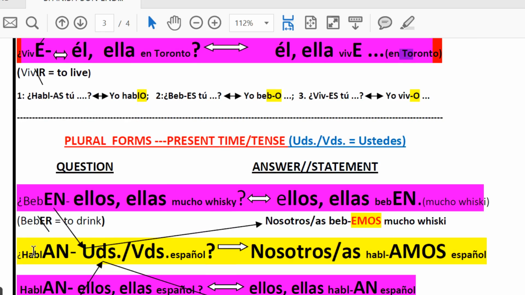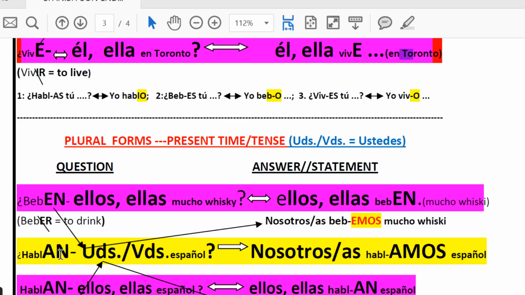Again, we have the yellow horizontal bar. Now, for the plural: do you and you and you speak Spanish? More than one person. Some people say y'all. I prefer to say you and you and you. Hablan.